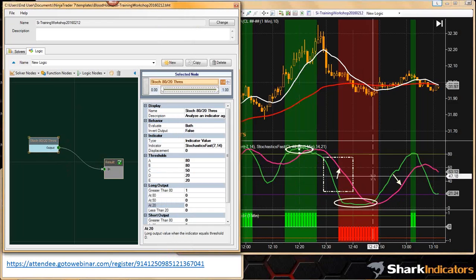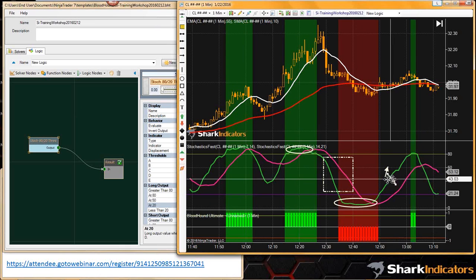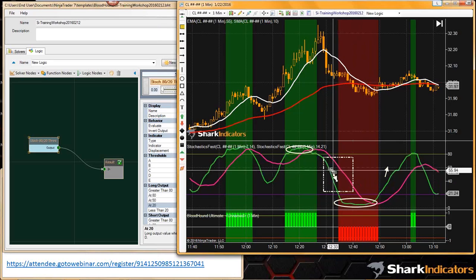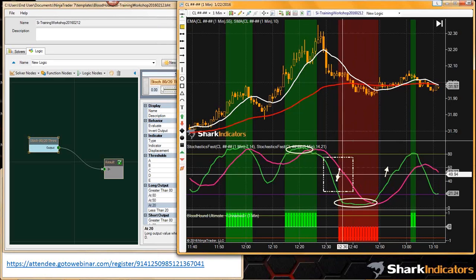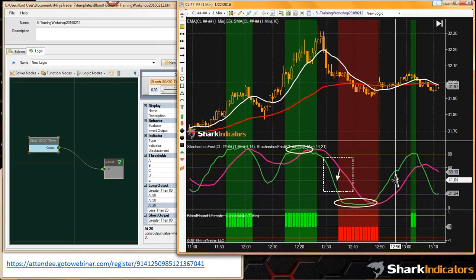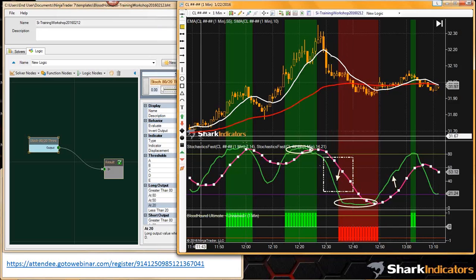Okay, next let's work on condition B. And so let me reverse these arrows here. So there's condition B. We're just simply looking to see if the faster stochastics, the green line, is above or below the slower stochastics, the red line.